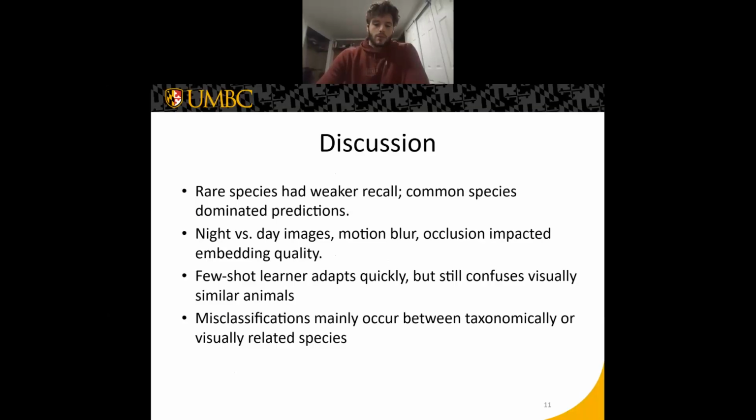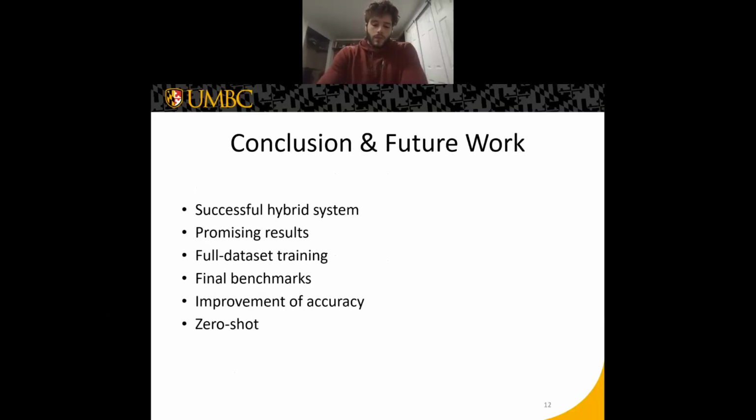This is mostly due to lighting, motion blur, and occlusion still having a big effect on the embedding quality, and because rare species have fewer pictures, it causes the model to predict them less often. Overall, our hybrid system did great, but some of the dataset imbalances and real-world conditions are still challenging.